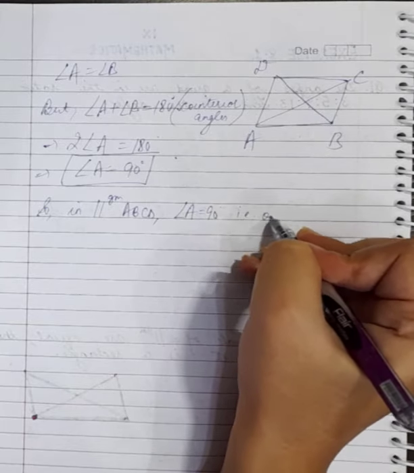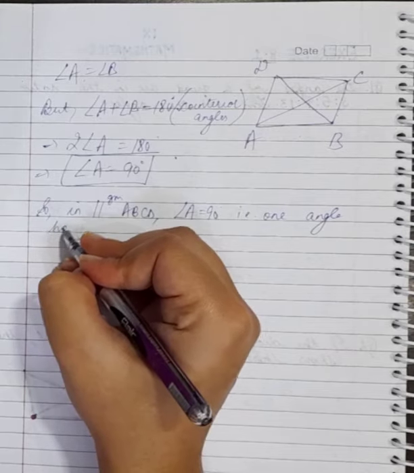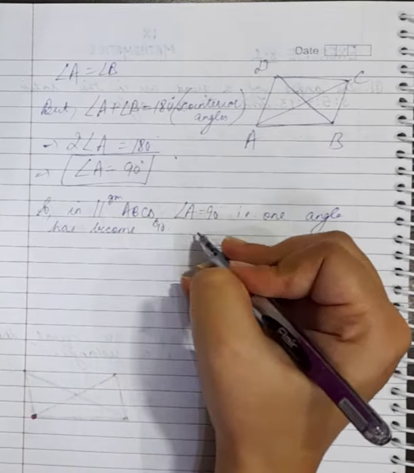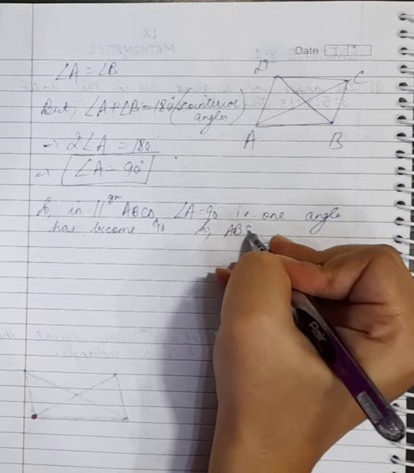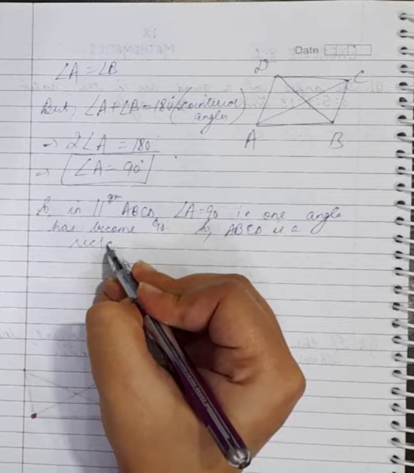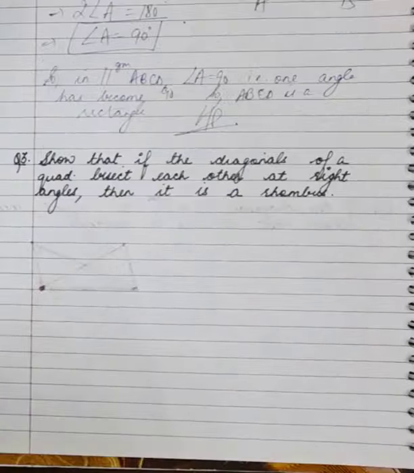That is, one angle has become 90 degrees. So ABCD is a rectangle. Hence proved.